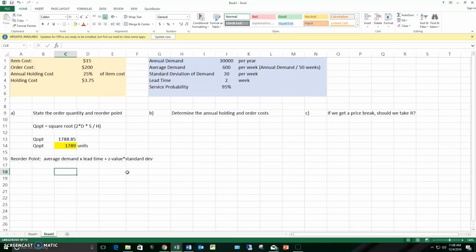And let's look at our average demand and lead time, and then we'll add the safety stock to it. Our average demand is 600 units per week, and we have a lead time of 2 weeks. So without safety stock, this would be our reorder point.